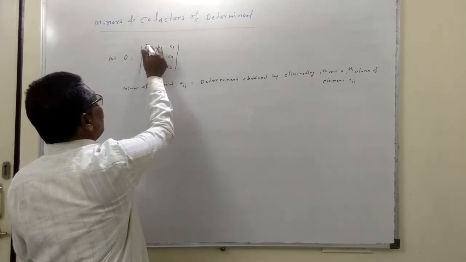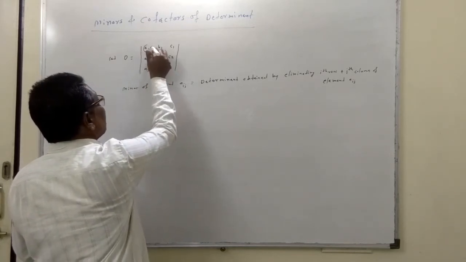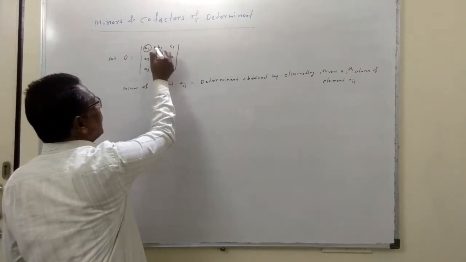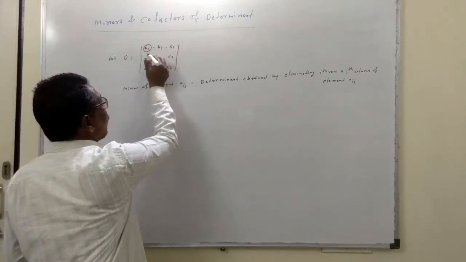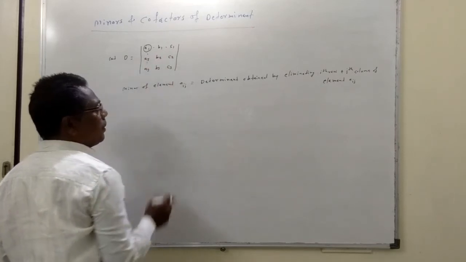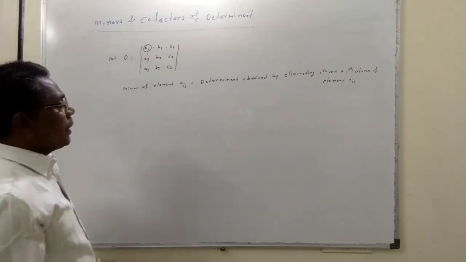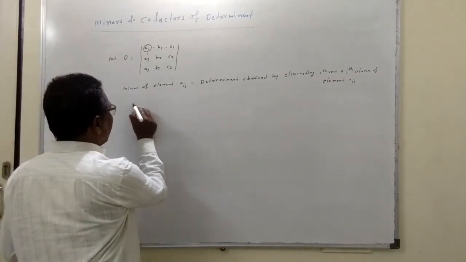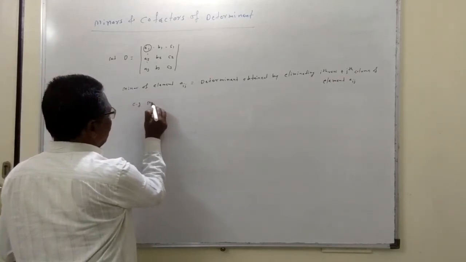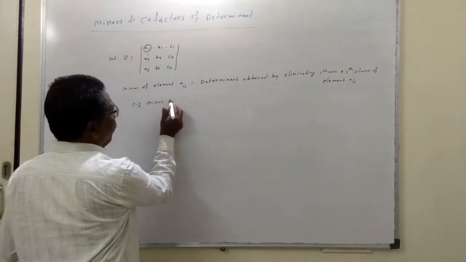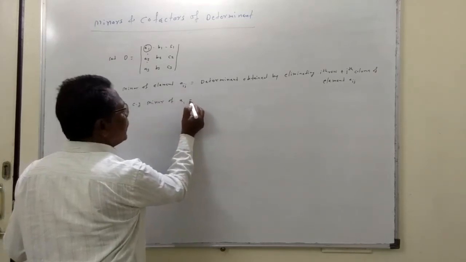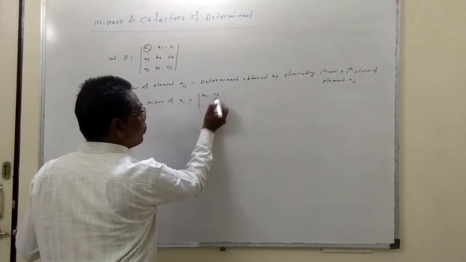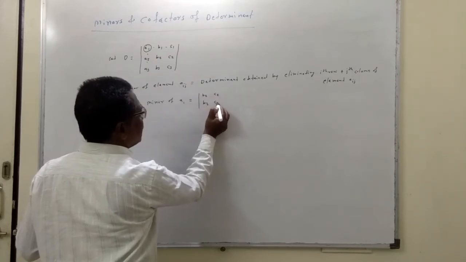So suppose when we find the minor of A1, we eliminate the row and column of that element, and the determinant of the remaining elements is the minor. So for example, the minor of A1 is equal to the determinant B2 C2, B3 C3.